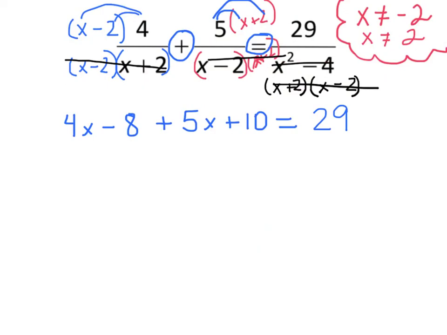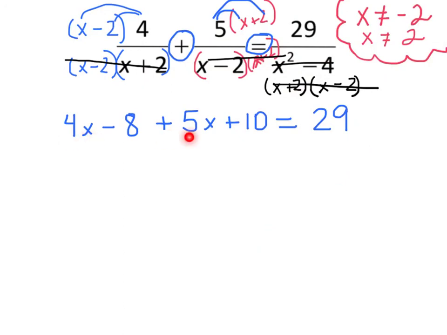Okay, next step. Let's see if we can clean this up any. Do we have any like terms we can combine? I think we do. Here's our equal sign. And all this stuff on the left side can be combined together. Now, you don't want to do minus 4x minus 4x. That would mean you're minusing 4x twice to the same side of the equal sign. If you're going to minus 4x over here, then it would be over here that you would minus 4x from. There's nothing over there to minus it from.